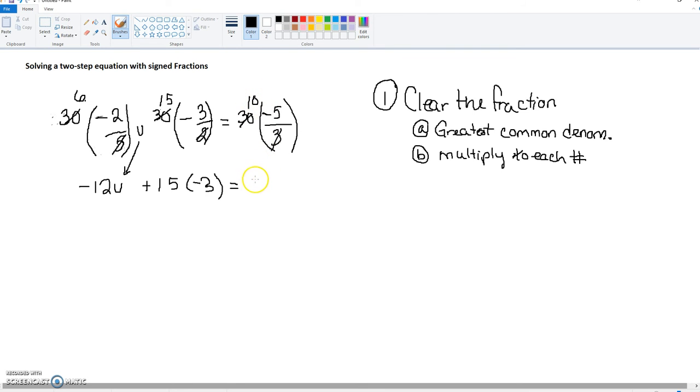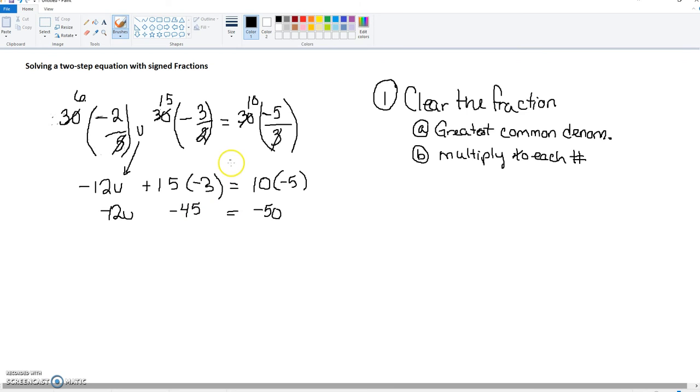So 10 times a negative 5 is a negative 50, equals, and then 15 times a negative 3 is negative 45. And then we're going to bring down this negative 12u that we already multiplied out.